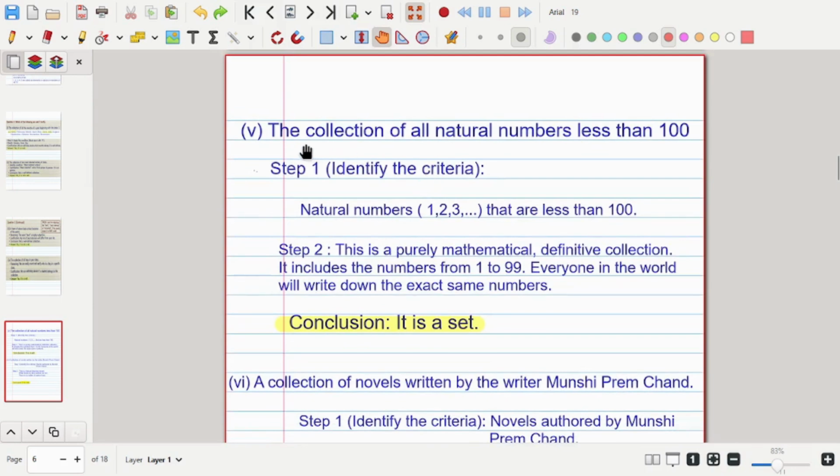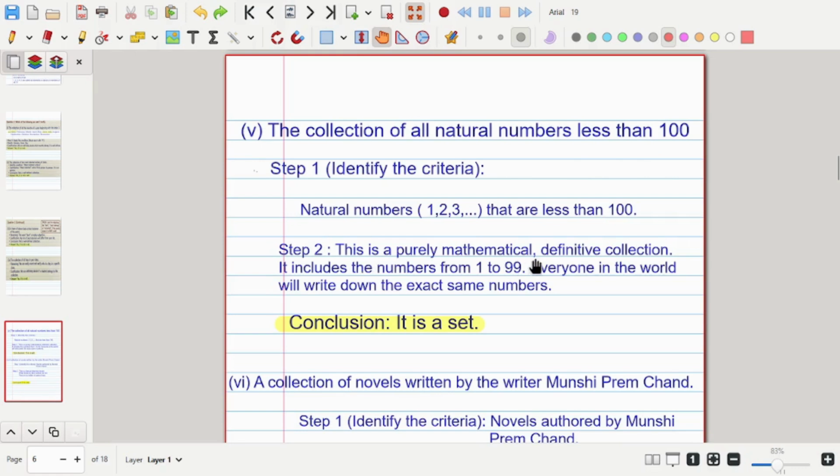Next question. The collection of all natural numbers less than 100. Natural numbers means the numbers which start from 1 and go to infinity. These three dots mean infinity. But the question asks for natural numbers less than 100.